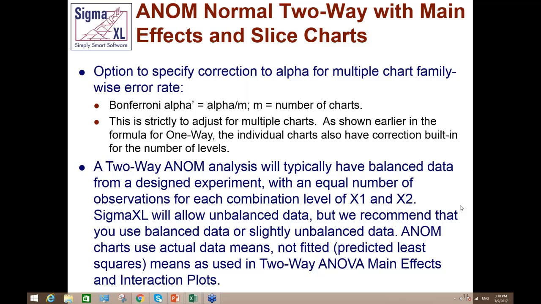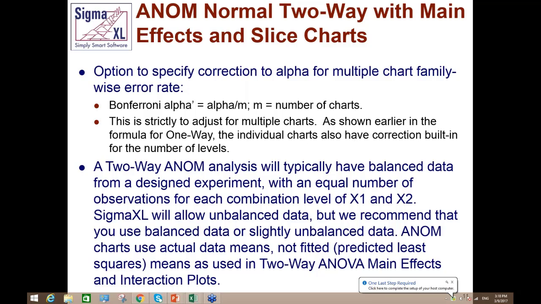Finally, on the two-way, we do allow unbalanced data, but we recommend that if you're going to have unbalanced data, it be just slightly unbalanced. We use data means rather than fitted means for simplicity in interpretation. Typically, a two-way ANOM comes from a designed experiment where you have balance.